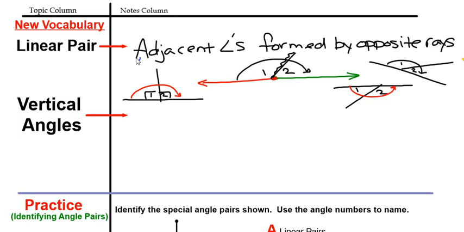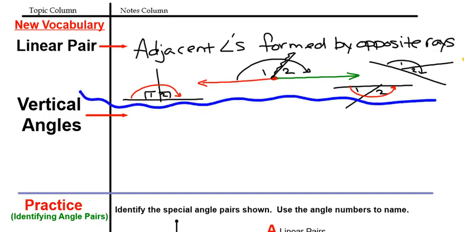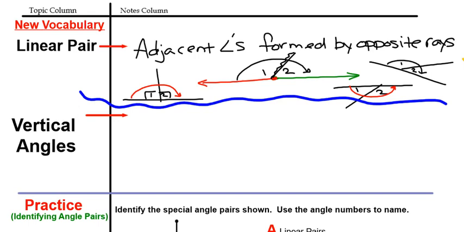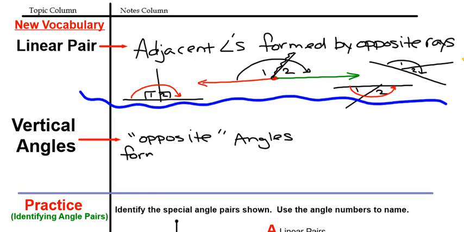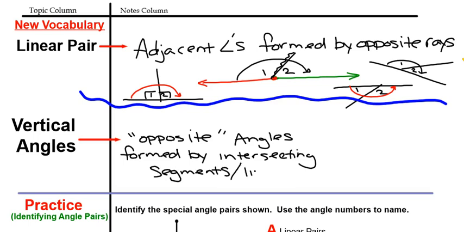Now let's talk about our vertical angles. And vertical angles are what we call opposite angles, and I'll show you that in the diagram, that are formed by intersecting segments or lines.